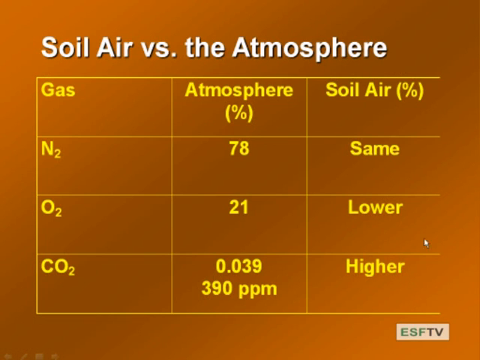By how much, that's the subject of the next bit that we'll talk about, soil aeration. So this is our benchmark: 78% nitrogen, 21% oxygen, 390 parts per million, or 0.039% CO2. That's our benchmark. And we'll evaluate the soil air, or the soil atmosphere, relative to that.